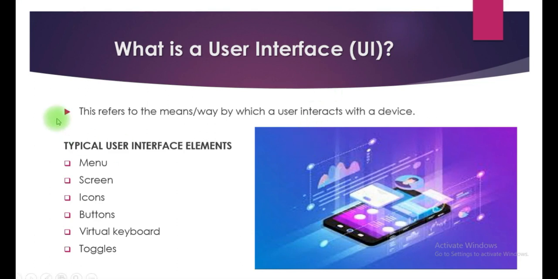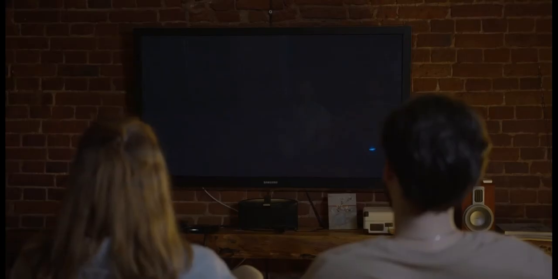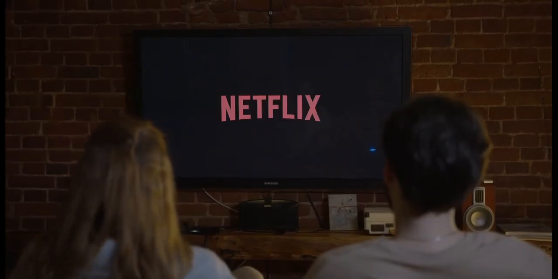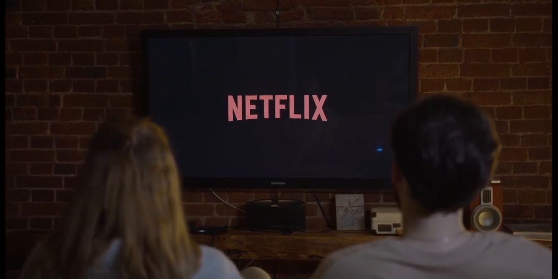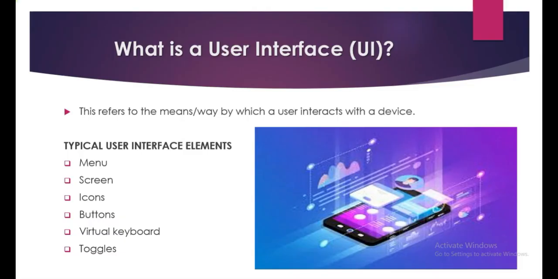So, yes, it is the means by which a user interacts with a device. And notice that, for instance, you would interact with a desktop computer differently from how you would interact with, let us say, a smart TV, or a voice activated system.